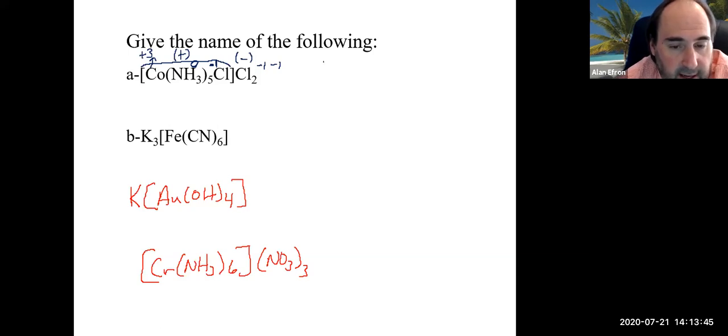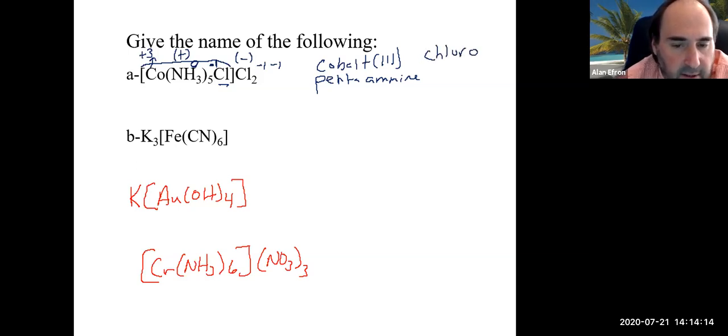So we definitely have cobalt with a Roman numeral 3. We have 5 ammonia in there, which is penta for 5, and ammonia becomes ammine. And we also have a Cl, and remember, chlorine and those halogens become chloro type groups.